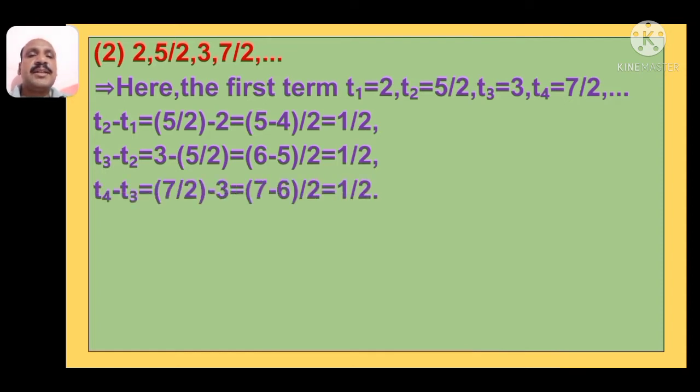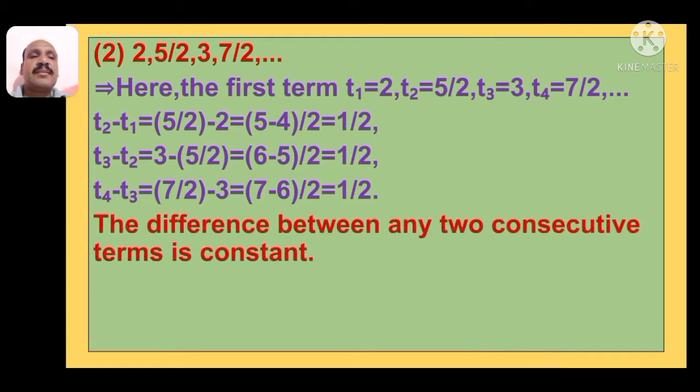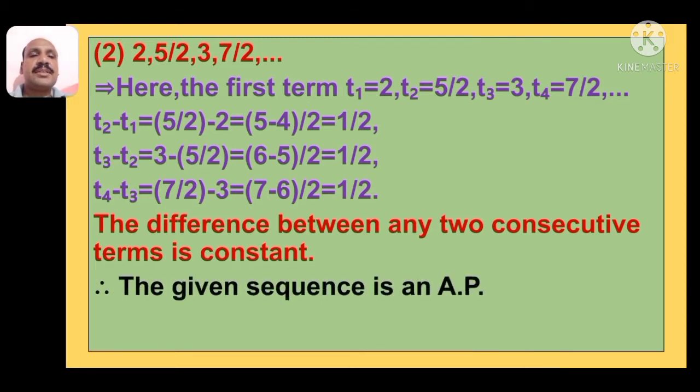As well as T4 minus T3 is equal to 7/2 minus 3, which is equal to (7 minus 6)/2, which is equal to 1/2. Here, when we observe, the difference is constant. The difference between any two consecutive terms is constant. That's why we say that the given sequence is an AP.